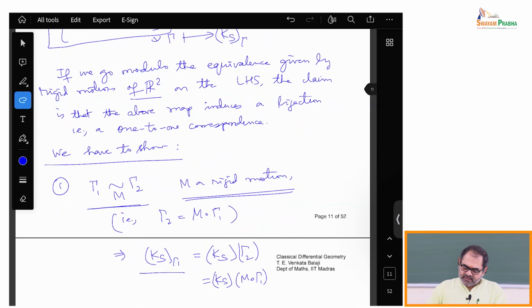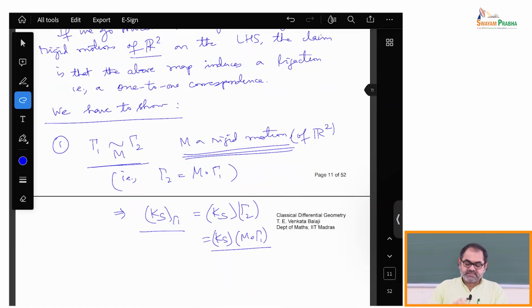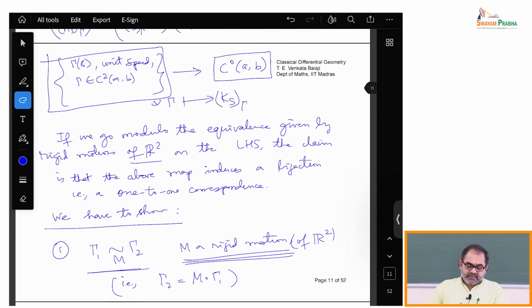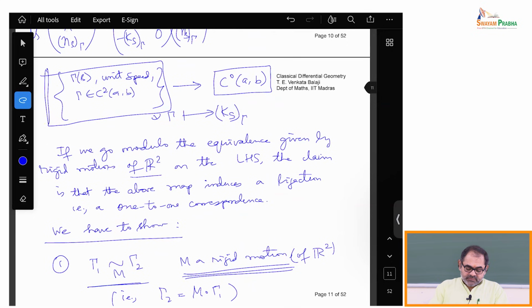So basically k signed of gamma 1 is the same as k signed of M composed with gamma 1. That's what you have to prove whenever M is a rigid motion, and let me insist, of R2 is very, very important. Once you show this, it will tell you that on the left side, if you take equivalence classes, then this map is well defined.